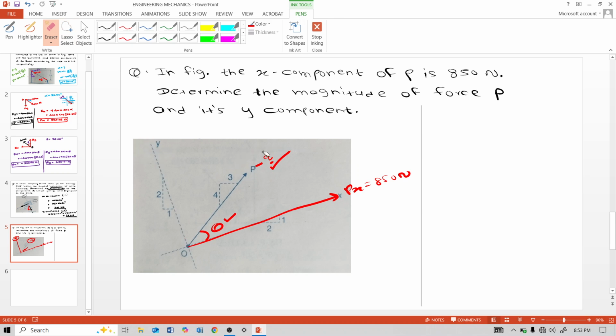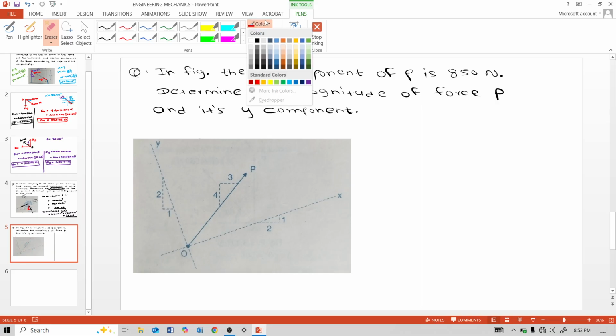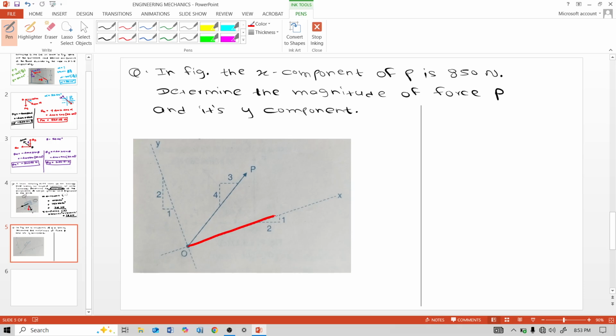So the solving methodology is, see, this is the x component. Let us assume this as Px and it is given as 850 Newton, and this is the Py component.